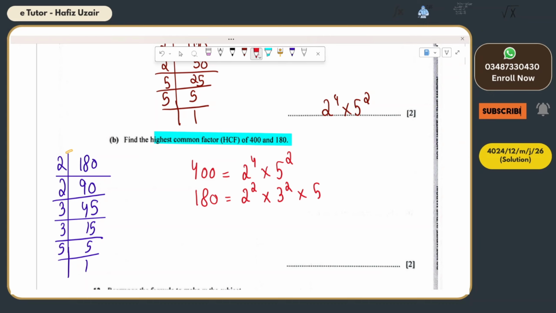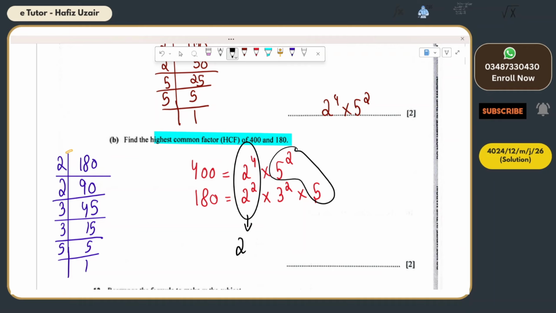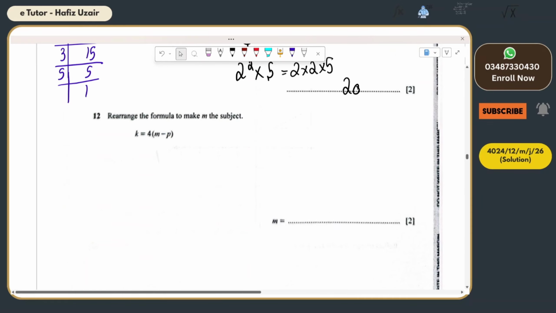Now in HCF, let's make the pairs. We take the smaller power from each, so that will be 2 power 2, and 5 power 1. So the answer will be 2 multiplied by 2 multiplied by 5, and that is 4 times 5, which is 20. So we ignore the non-common factors in HCF.